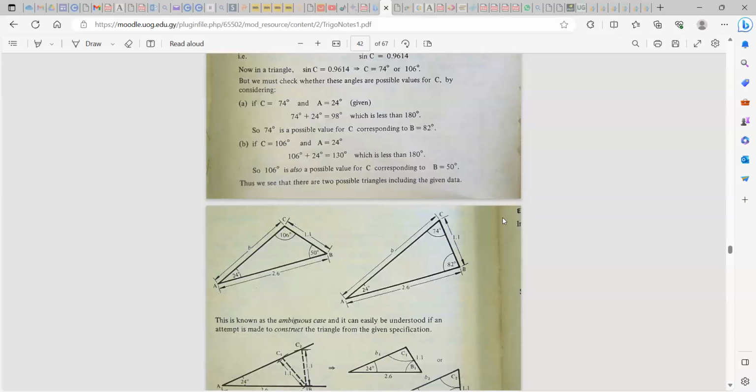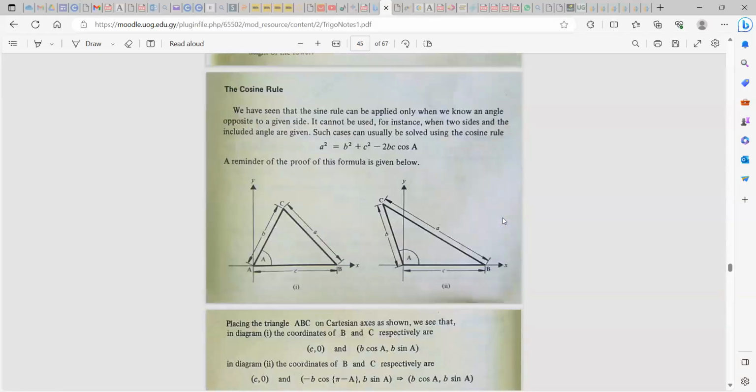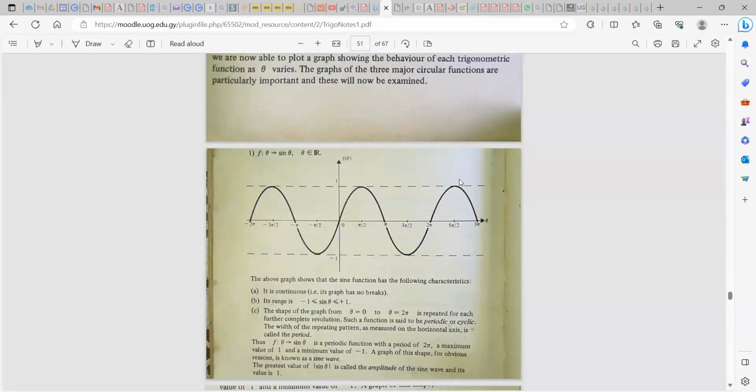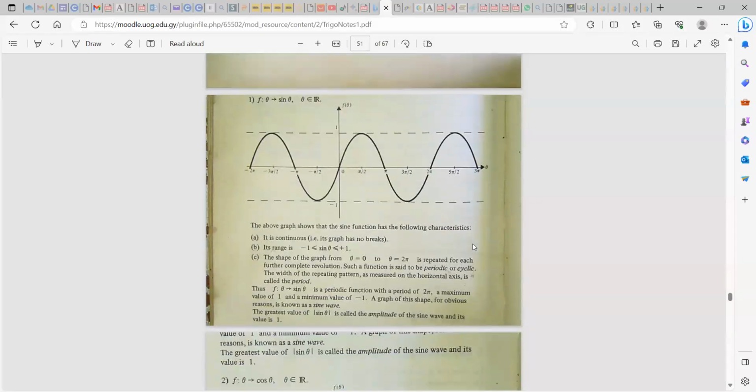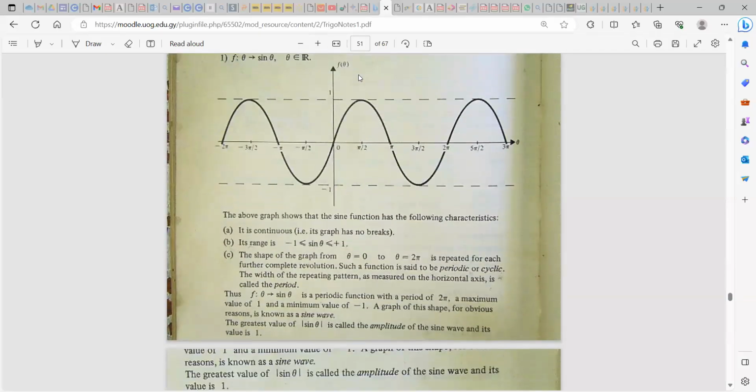Good. Next, we want to turn our attention to the graphs. So the graphs, well, these are the graphs and their properties and so on. We can make this a little bigger. Yeah. This is what a sine graph looks like. Right?